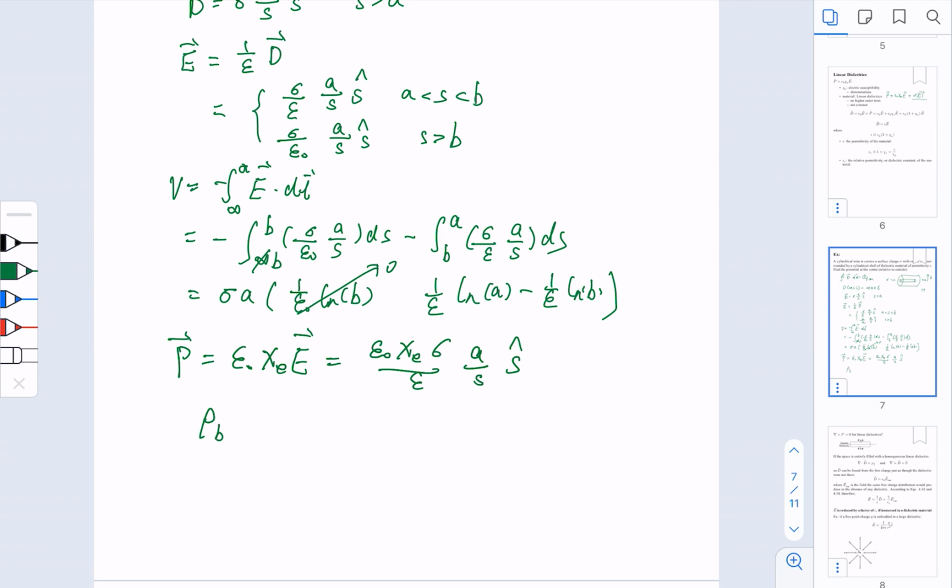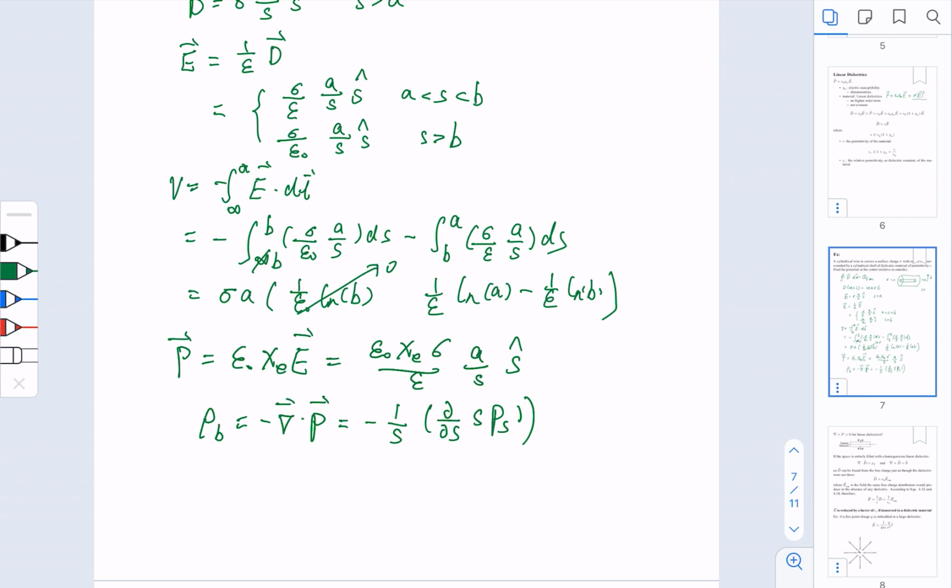For the bound charge, you simply need to use the divergence of this P vector. Remember that the divergence in cylindrical coordinates is slightly different from spherical or Cartesian coordinates: you have to multiply by s and divide by s again.